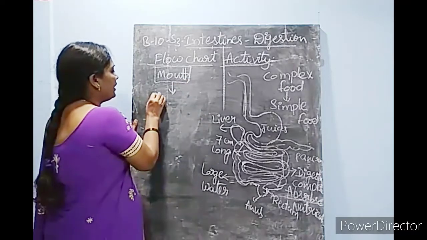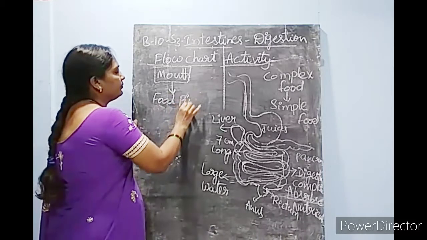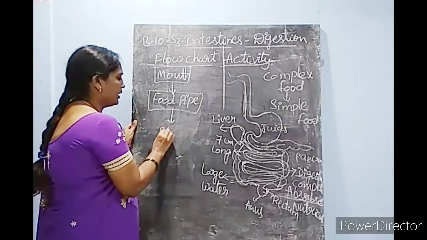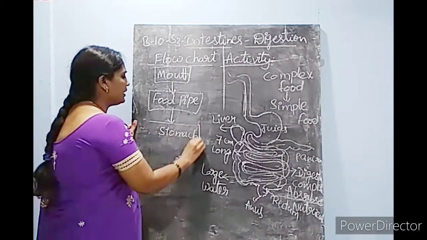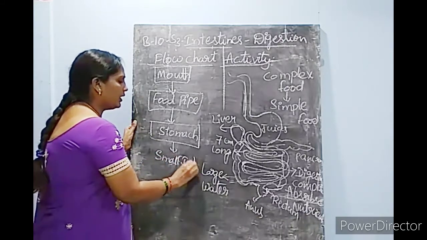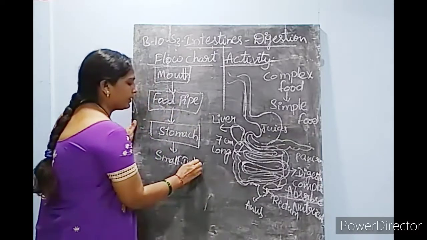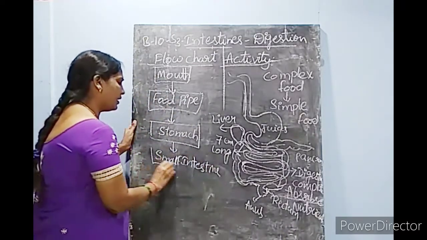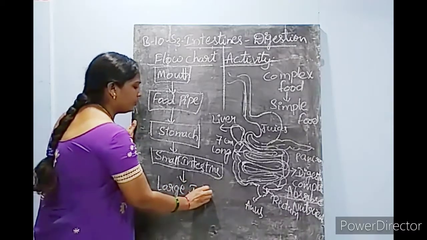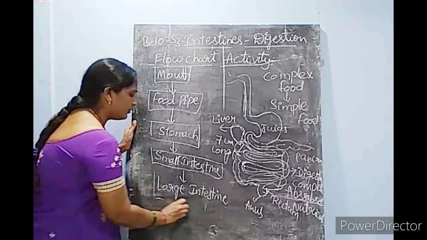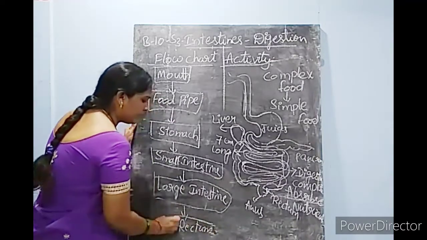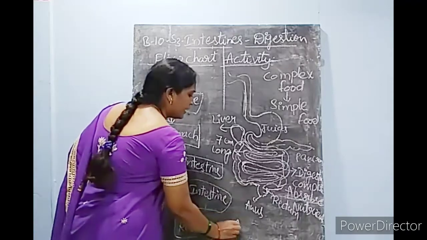From the mouth the food enters into the food pipe, and from the food pipe the food goes to the stomach, and from the stomach the food enters into the small intestine, and from the small intestine the food enters into the large intestine, and finally from the large intestine it goes to the rectum, and the last organ is anus.